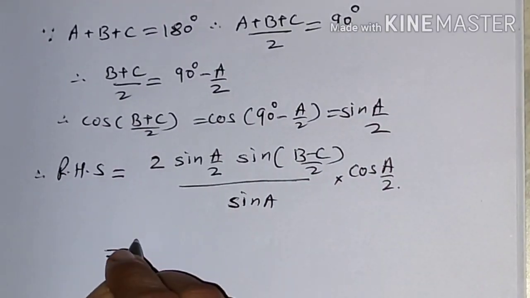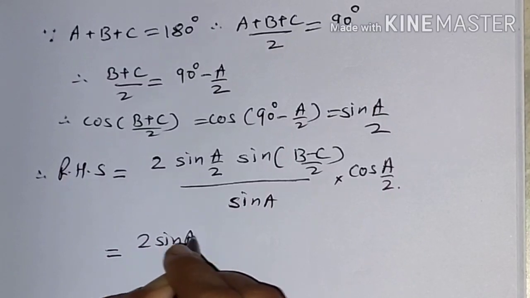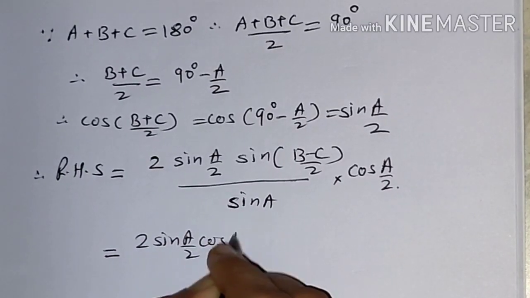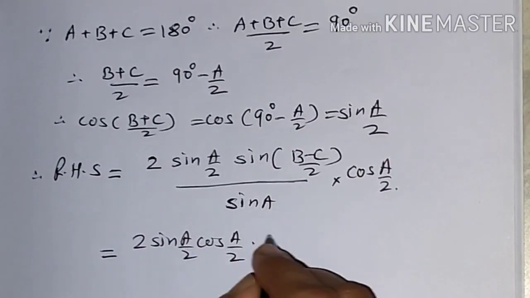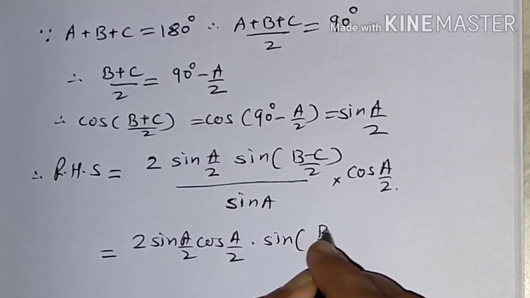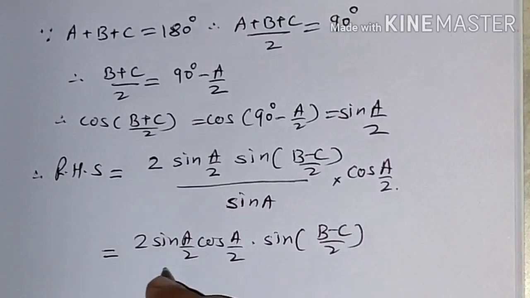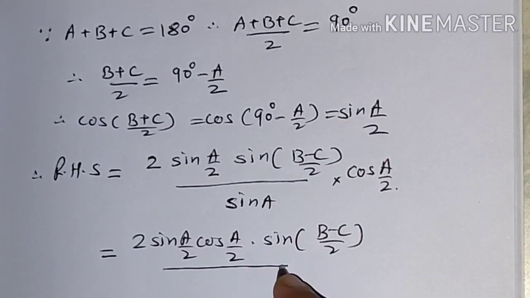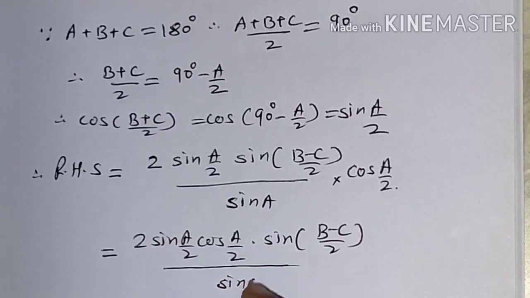That is equal to 2 sine A by 2 into cos A by 2 into sine (B minus C) by 2 divided by sine A.